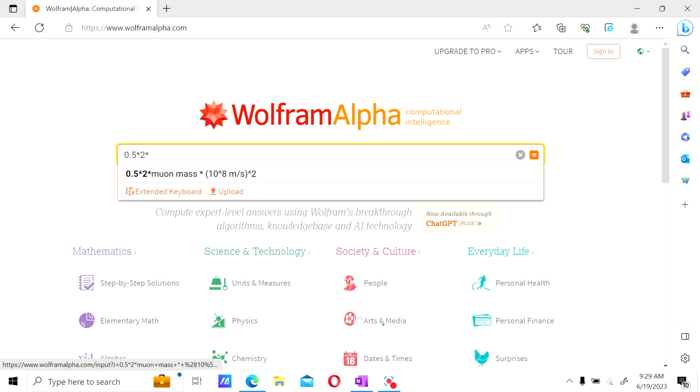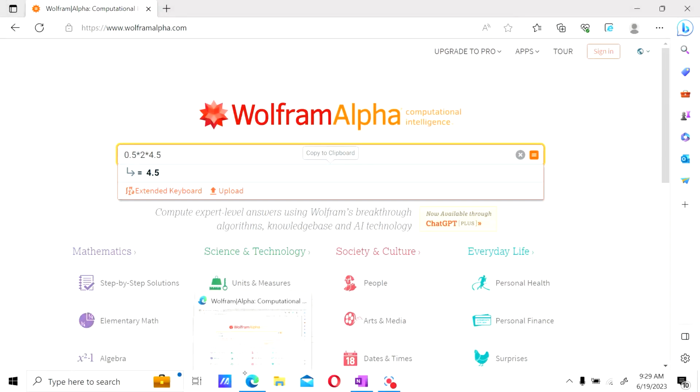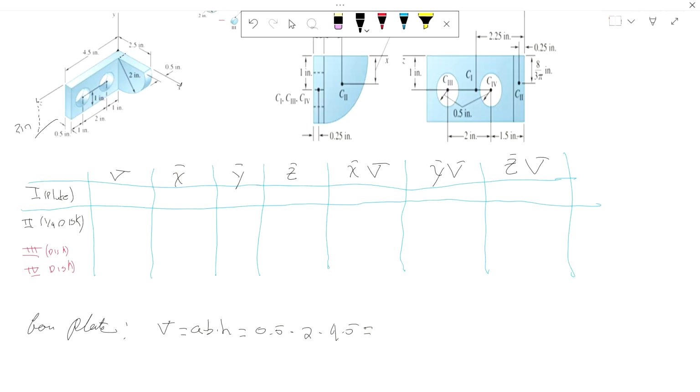And that is 4.5, because 0.5 is 1/2 times 2 is 1 times 4.5. So this is equal to 4.5 cubic inches. All right, so we have the first value. All of this is in inches. This is inches to the fourth. So this is a four-dimensional unit.